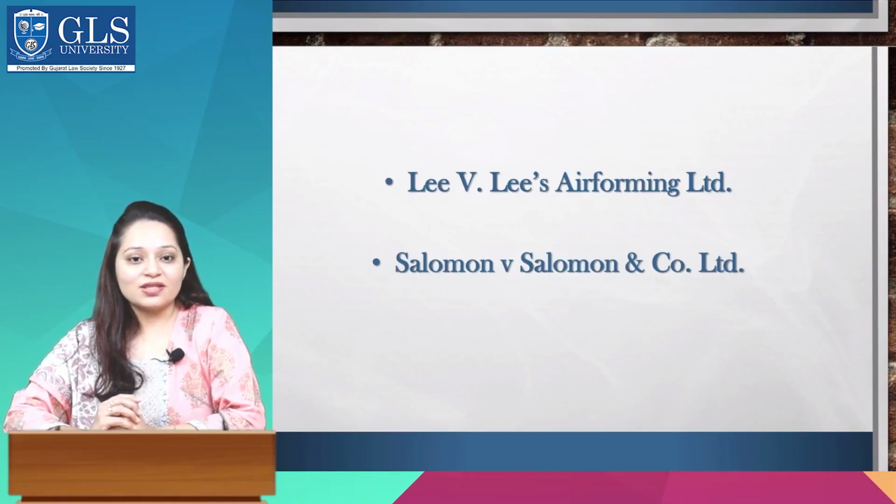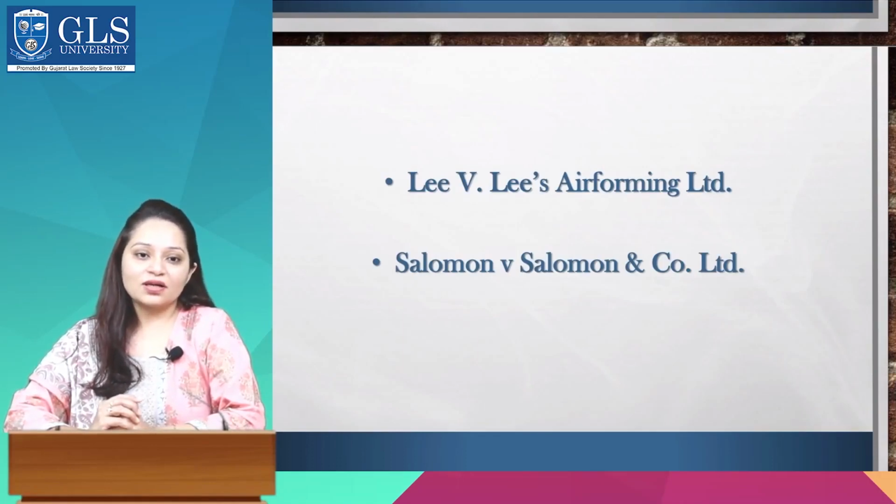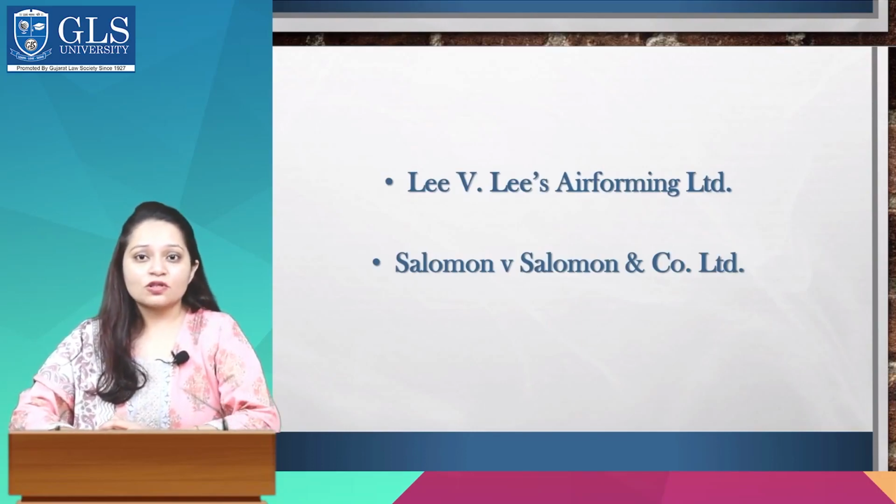The debentures carried a floating charge on the assets of the company. Each share was also subscribed by the remaining 6 members of his family. Not only that, Solomon and his 2 sons became the directors of the company, and Solomon was the managing director.